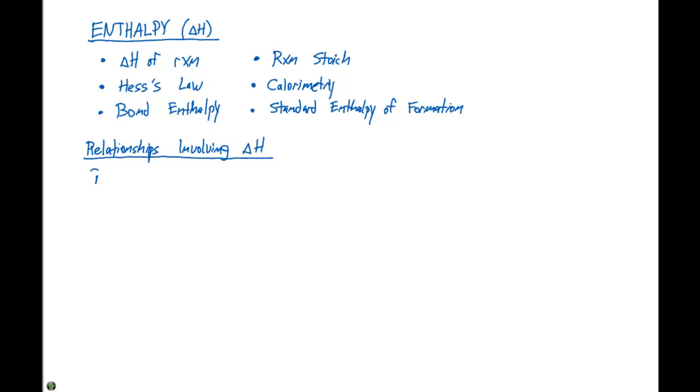The first one we will look at and that we need to recognize is that delta H is an extensive property. And what we mean by extensive property is that it's going to depend on the amount.